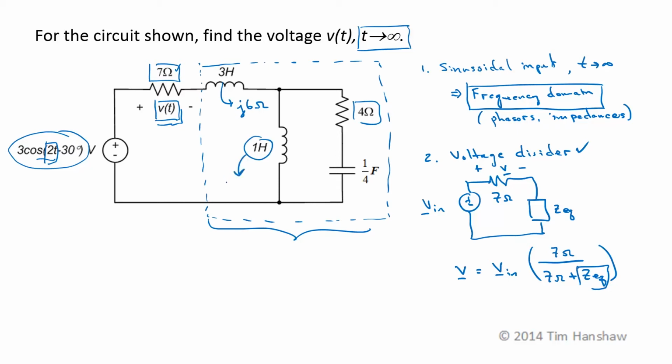This guy is going to be J times 2 radians per second times 1 henry, so this is J2 ohms. And this impedance is minus J over 2 radians per second times 1 over 4, which is minus J2 ohms. So let's redraw this circuit with all of our stuff in the frequency domain and then do our analysis.